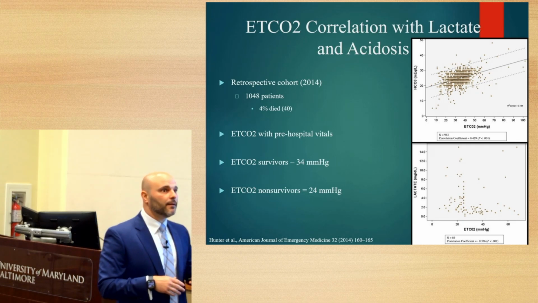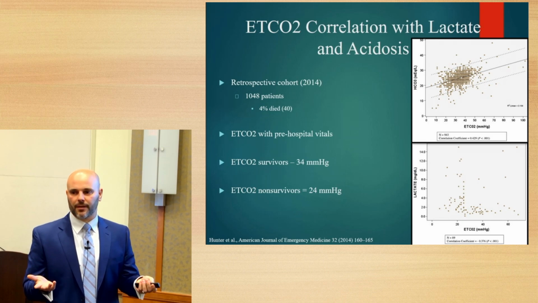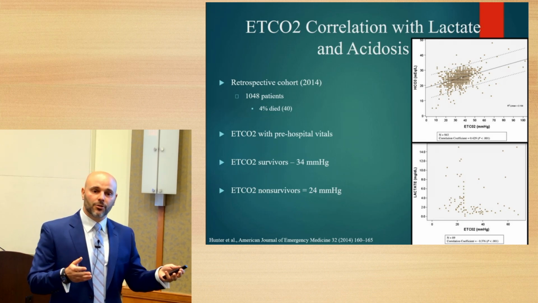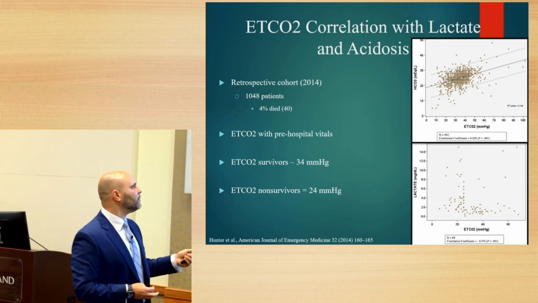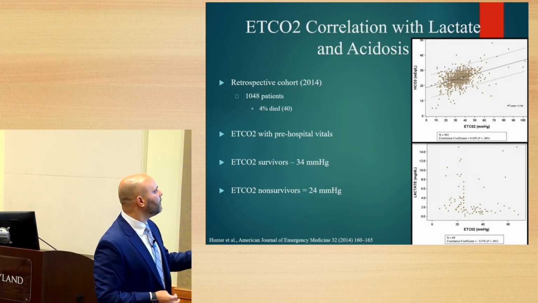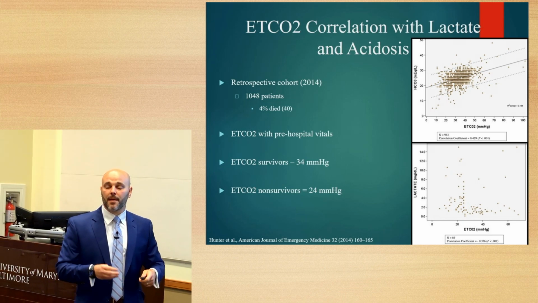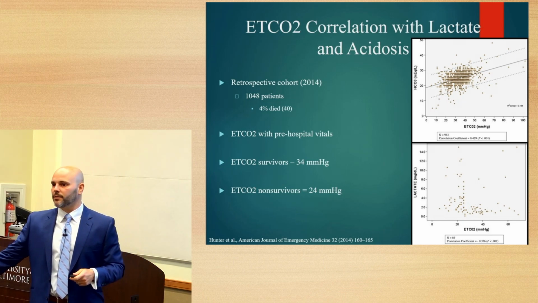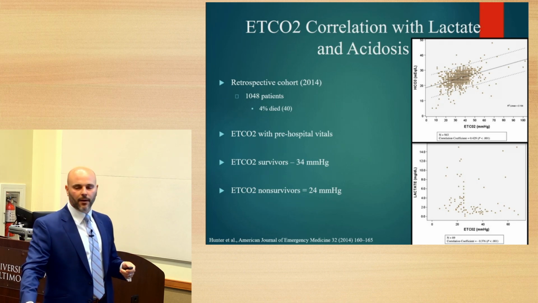Not only can we use end tidal CO2 for identifying and diagnosing sepsis and severe sepsis, we can also correlate it to lactate and acidosis. So good old Hunter again took pre-hospital vitals and end tidal, and then correlated that to what their lactate was when they first came into the hospital, and also what their bicarb was.